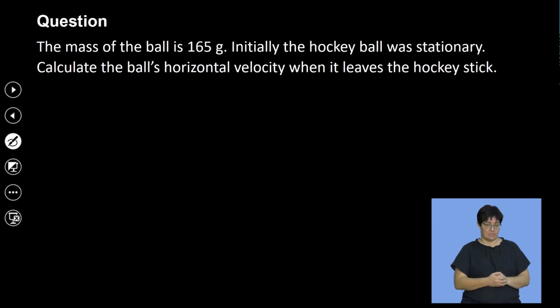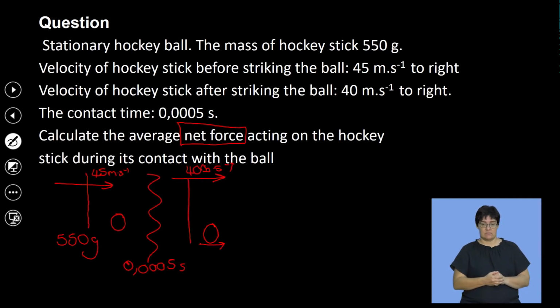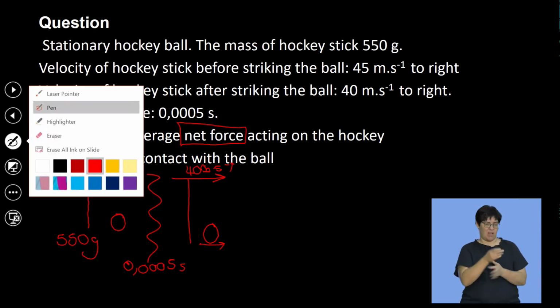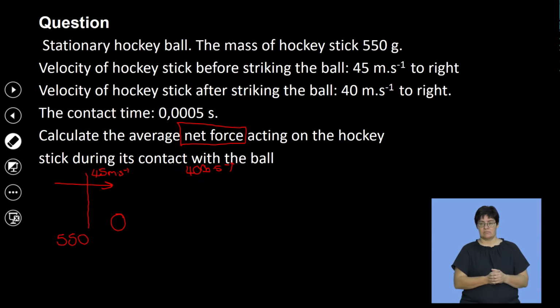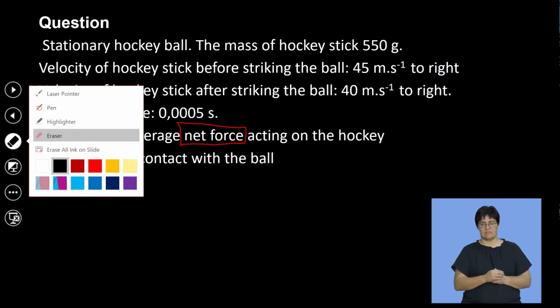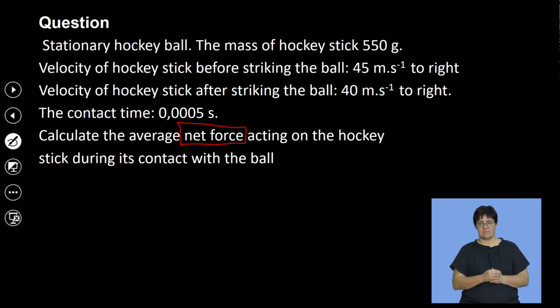All right? I didn't give myself enough space. So I'm going to take away my diagram, okay, because hopefully you've got that. Now, I need a bigger eraser. There we go. So, F net equals, well, it's change in momentum over change in time.